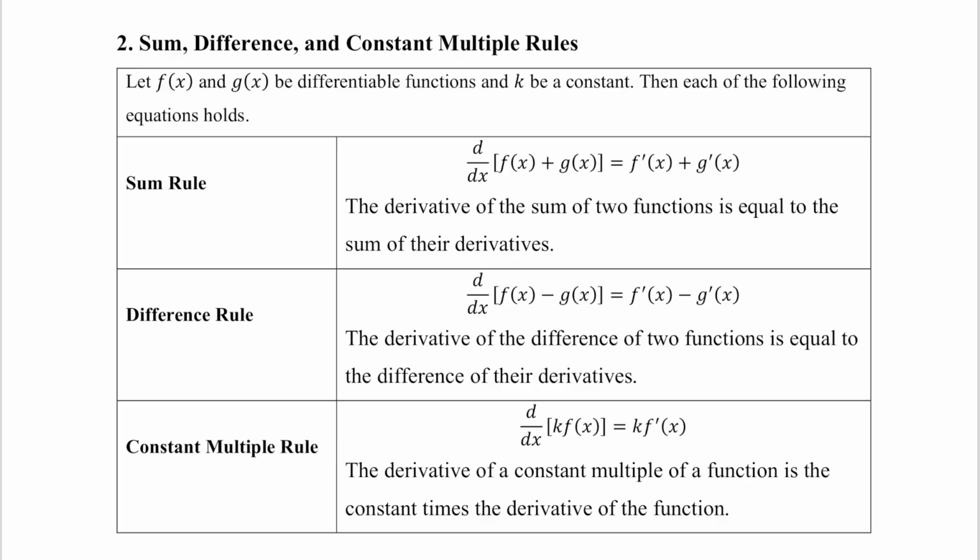In mathematical notation, we write the derivative of k times f of x is k times f prime of x. This means that the constant simply stays in front and we take the derivative of the function. So the constant does not disappear. Instead, it just stays in front of the derivative.